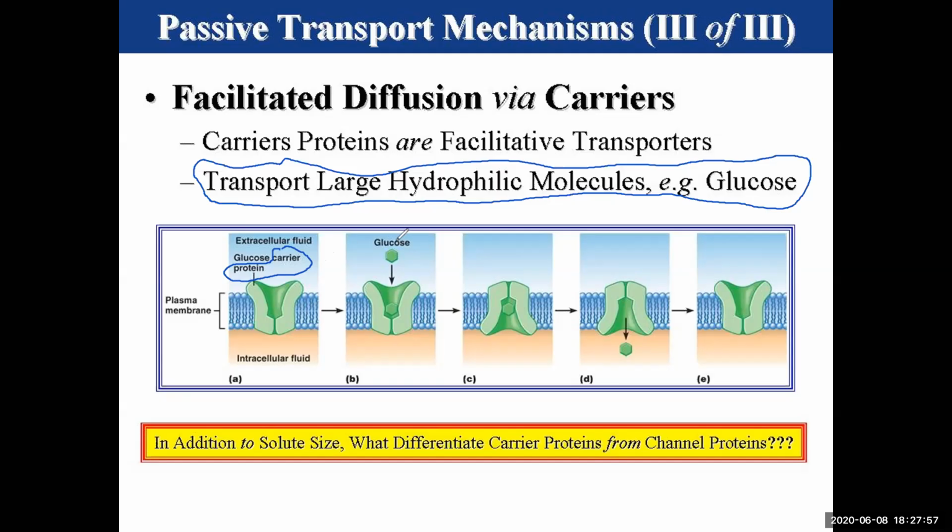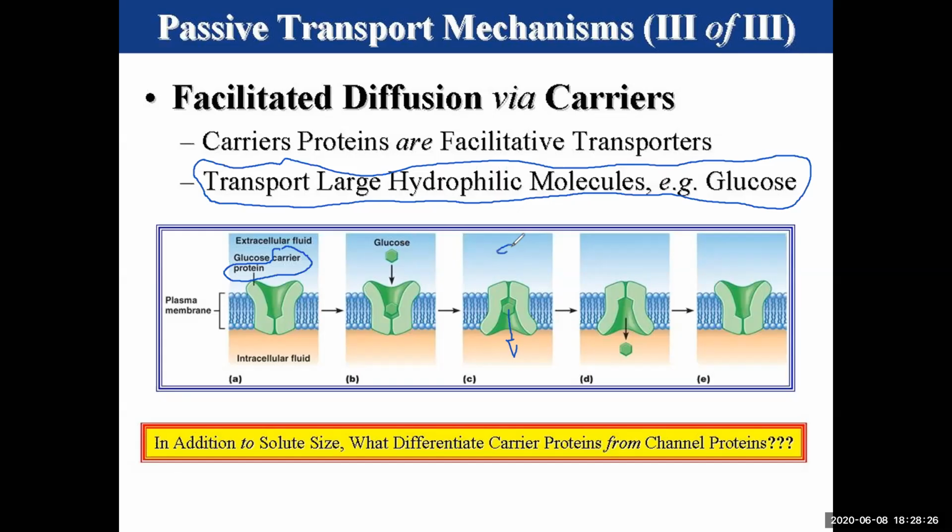So when glucose binds to the carrier, it changes its shape. This three-dimensional structure changes in a way that now it shuts the outer region and opens up the inner region, allowing glucose to get into the cell. This is how a glucose carrier transports glucose across the cell membrane, driven by concentration gradient.